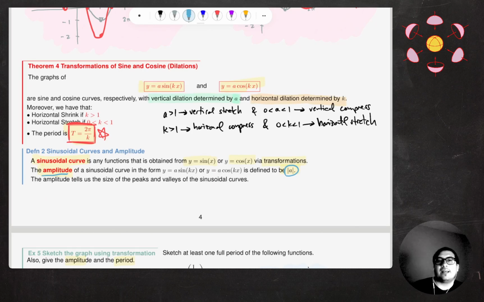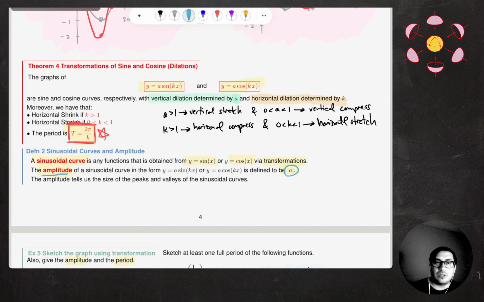All right, what is the next key number? We're going to use this k in front of the x, inside of the parentheses. Actually, we don't give that a name, but it's related to a name. Now, remember what the k does in front of the x: it either stretches or compresses the x-axis. So we're going to call this a horizontal shrink if k is bigger than 1, or a horizontal stretch if k is less than 1.